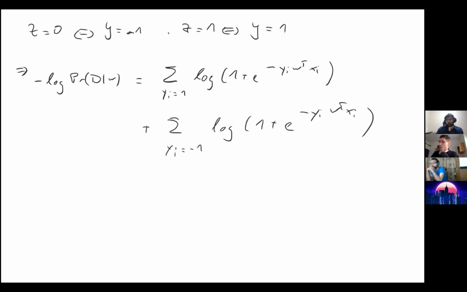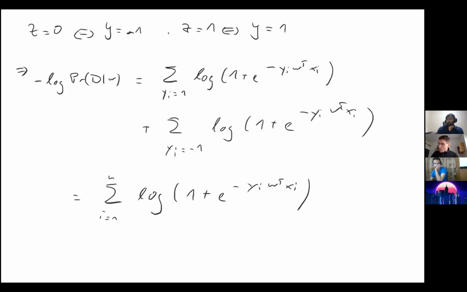So we have the same terms everywhere, and this is the same as the sum over all i from 1 to n of the logarithm of 1 plus e to the minus yi w transpose xi.